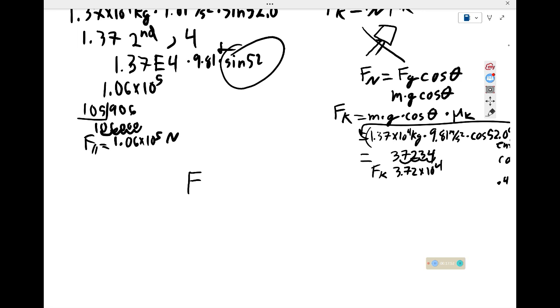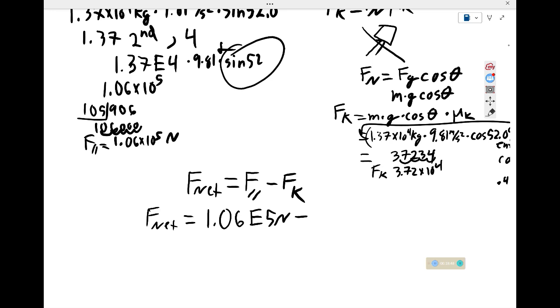So we know that our net force is going to equal 1.06 e to the 5th newtons minus 3.72 e to the 4th newtons.